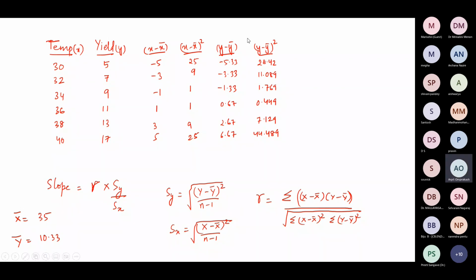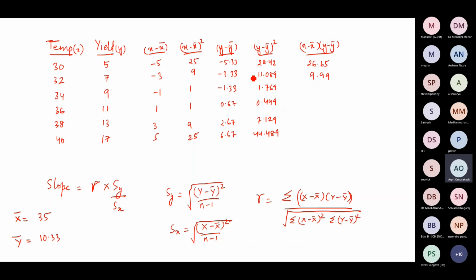Then we need to calculate this final term, which is X minus X bar into Y minus Y bar. It's nothing but the multiplication of these two columns. There's minus 5 into minus 5.33, which is 26.65. This is minus 3 into minus 3.33, which is 9.99.